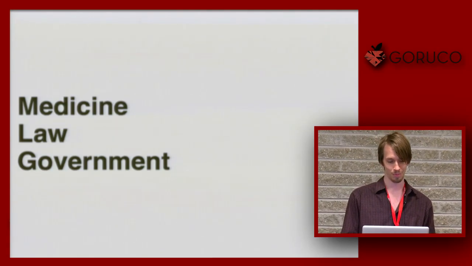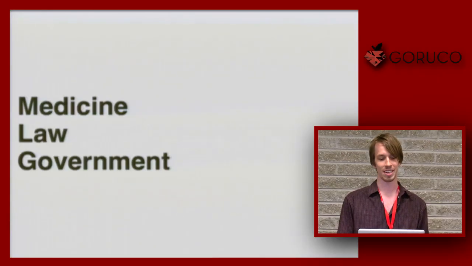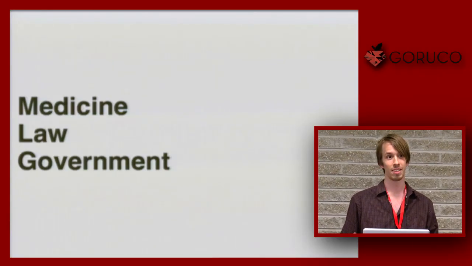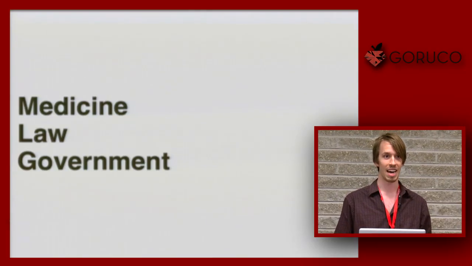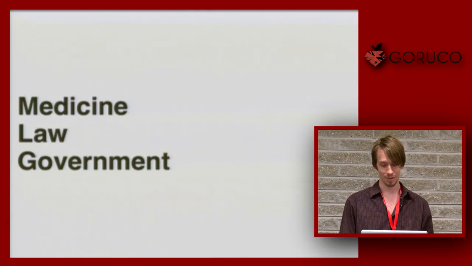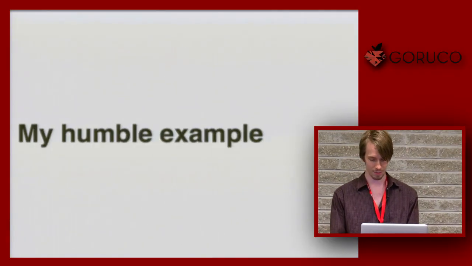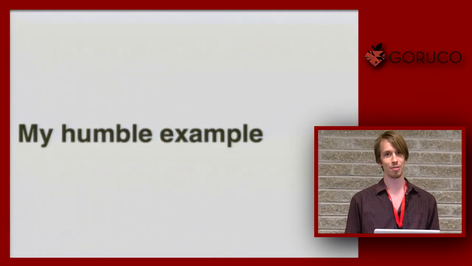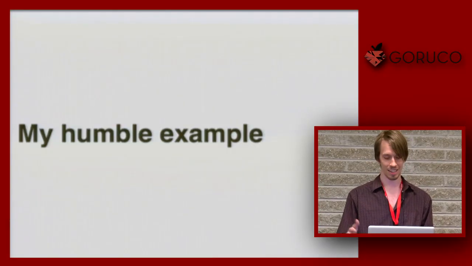And then the government is some 30 to 40% of the economy, and there's been very little real opportunity in bringing the Ruby way, the agile perspective, into government. So I have a project that I'm working on which is not really ready for regular people, but it's online, and hopefully it'll be ready in a few months.